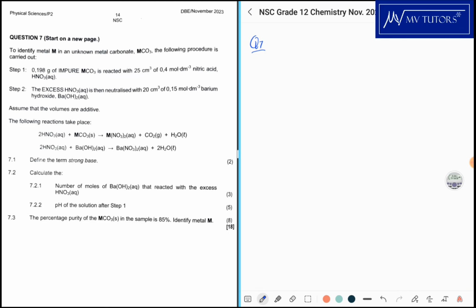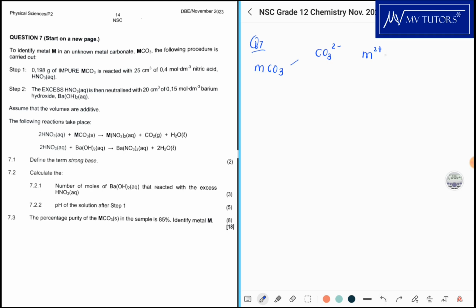All right, so it says to identify metal M in an unknown metal carbonate, the following procedure is carried out. So we have this metal carbonate. Now you know that a carbonate has a charge of 2 minus. So this metal here has a charge of 2 plus, because we don't have a 2 as a subscript.